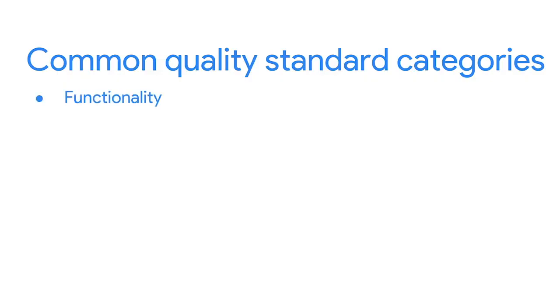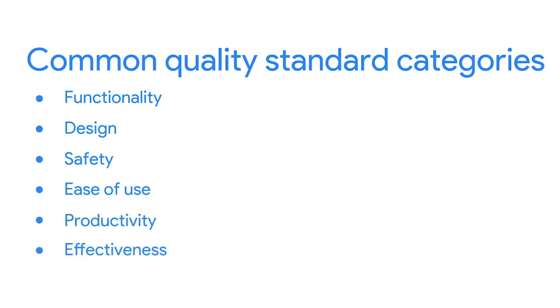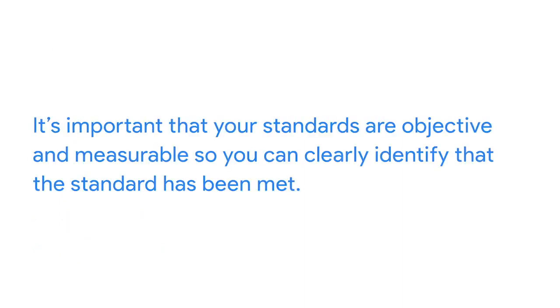Some common categories of established quality standards from various industries include functionality, design, safety, ease of use, productivity, and effectiveness. And finally, it's important that your standards are objective and measurable, so you can clearly identify that the standard has been met.